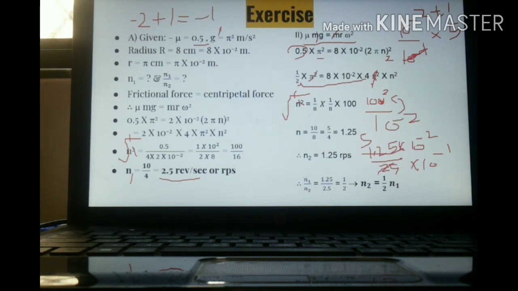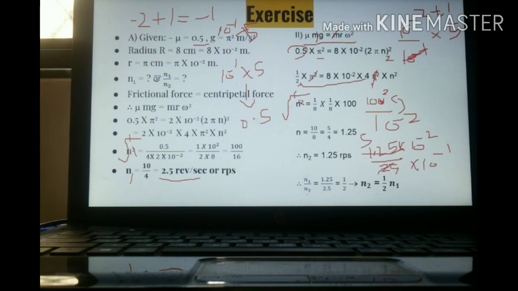What we'll be getting? 10 raised to minus 1 मिलेगा. 10 raised to minus 1 into 5. So it can be represented as what? इसको कैसे represent कर सकते हैं? 0.5. Again 0.5 can be represented as half. So therefore we have got n1 upon n2 is equals to half.